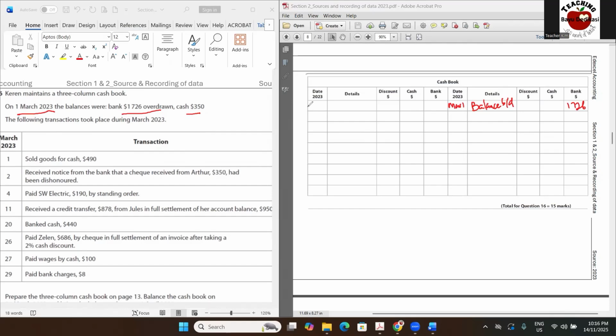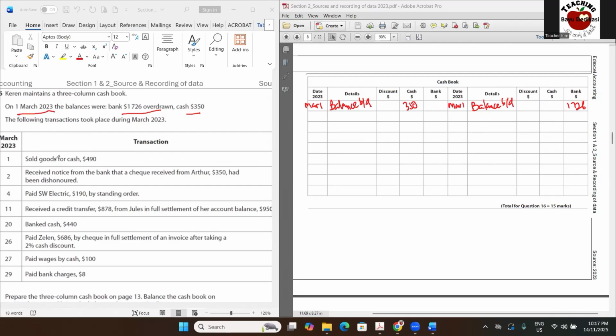Cash must be on the debit side only. March 1st, balance b/d, cash 350. When you do this style of account, try to go in sequence so that you won't overlook one or two questions.